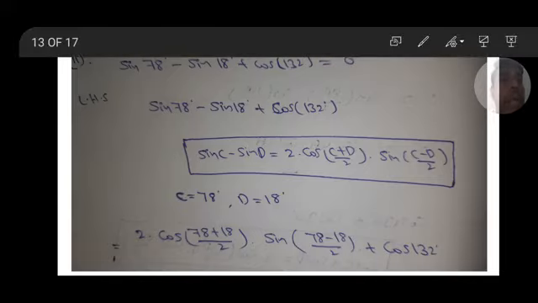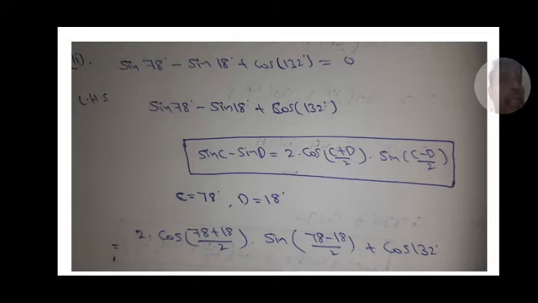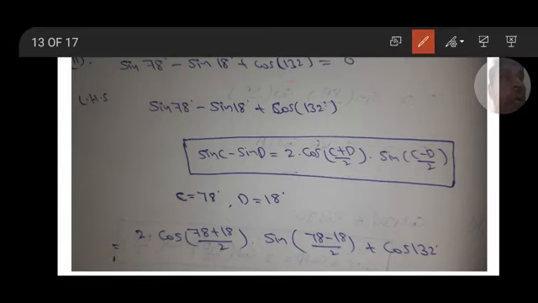problem. Prove that sin 78 degrees minus sin 18 degrees plus cos 132 degrees equals 0. We don't know the direct values of 18, 78, 132, so we will use the formulas. LHS is sin 78 minus sin 18 plus cos 132 degrees.